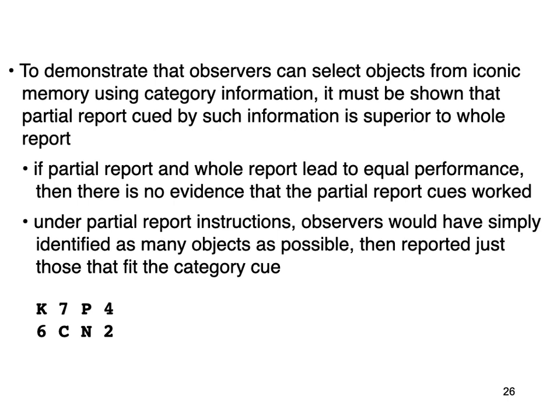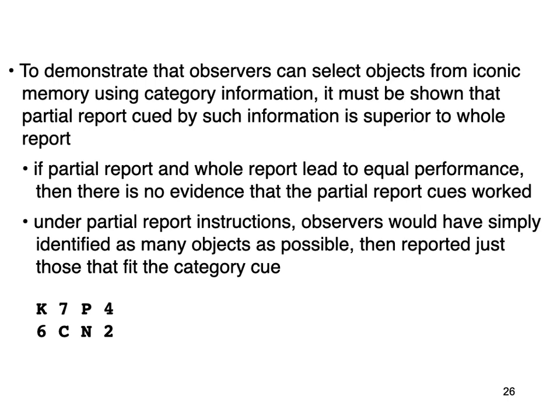If indeed you can select on the basis of whether an item is a letter or a number, if you look at the display on the bottom of the screen, there are in fact 4 numbers and 4 letters. Now, there are 8 items in all. I know that with full report, I can only get 4.